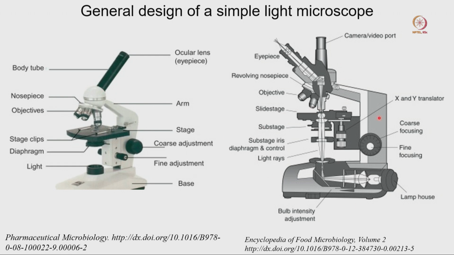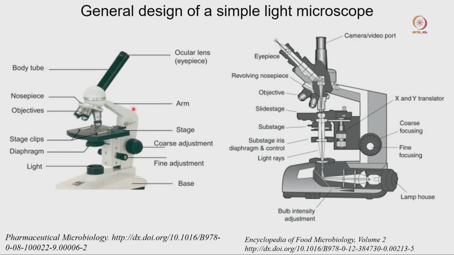Now this is a little more complicated light microscope. Here we have the lamp and an intensity adjustment plane which is reflecting the light through the sample. Here we have the sample stage where our sample is. This is the eyepiece. Light will come here, reflect and go through the eyepiece and we can observe the sample.